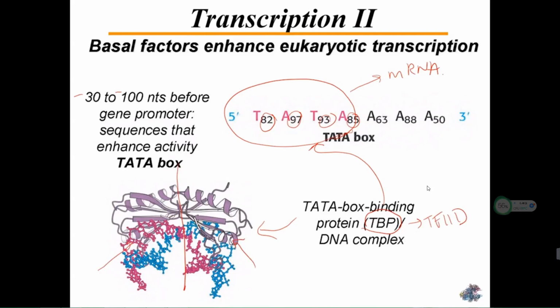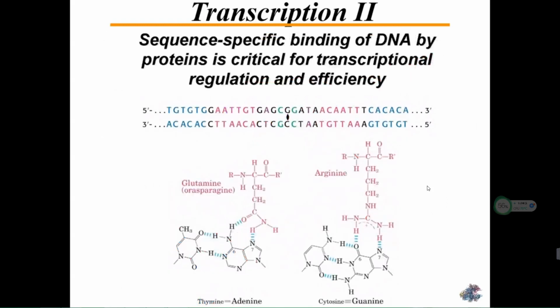Okay, so how does this occur? We've mentioned this already with the lac repressor protein. We'll have key amino acid side chains in our DNA binding protein. So here's an arginine and another glycine residue. We get H bond formation between specific Watson-Crick base pairs.